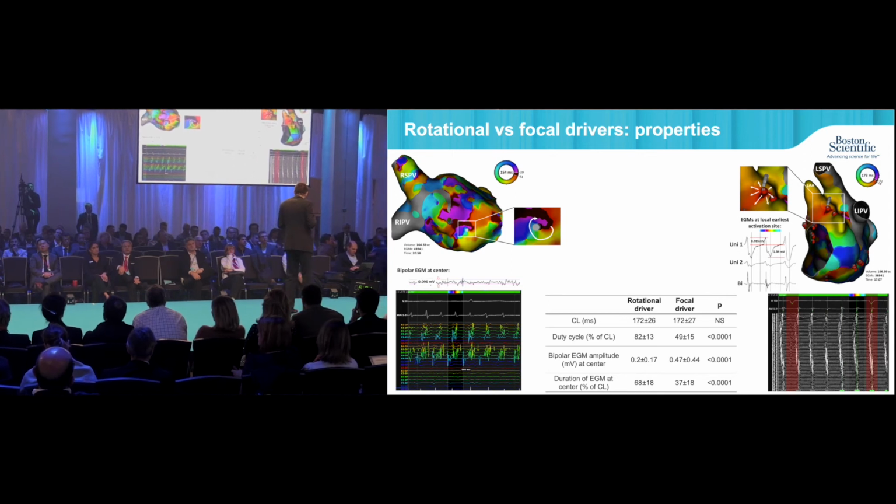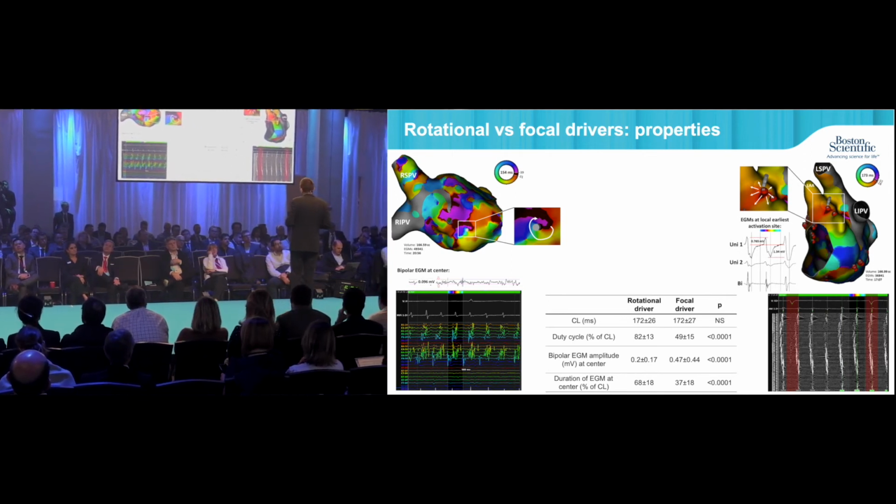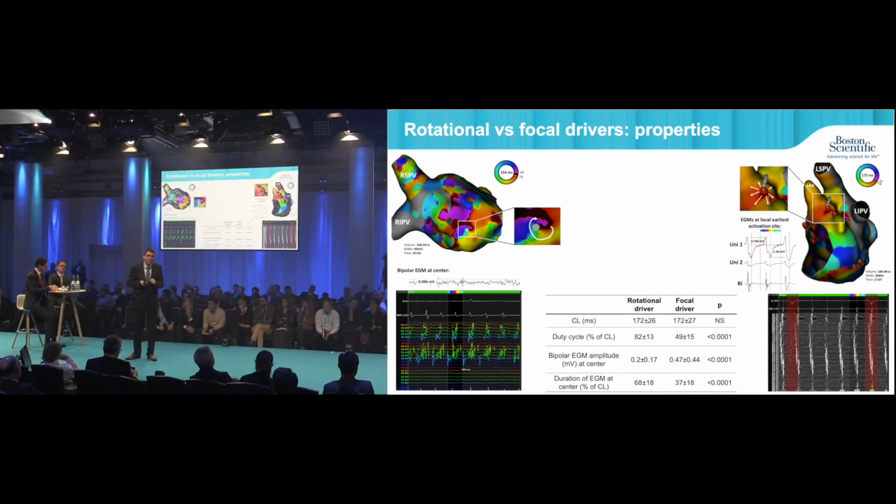The coverage of the local cycle length is 82% for rotational drivers versus only 49% for focal drivers. The bipolar local electrogram amplitude is much lower for rotational drivers, and this corresponds, in theory, to what a mathematical model of a rotor is.